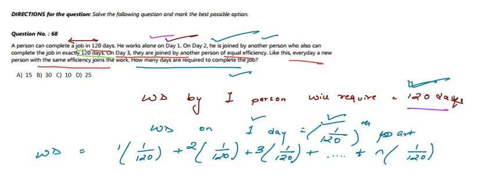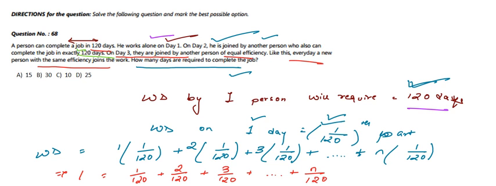So this can be solved as follows. Total work done will be equal to 1. So this will be 1 by 120, plus 2 into 1 by 120 which is 2 by 120, plus 3 by 120, and it will go on until the work is done, that is, on the last day we have n persons, so n by 120.